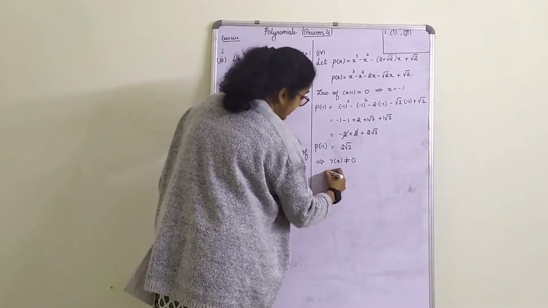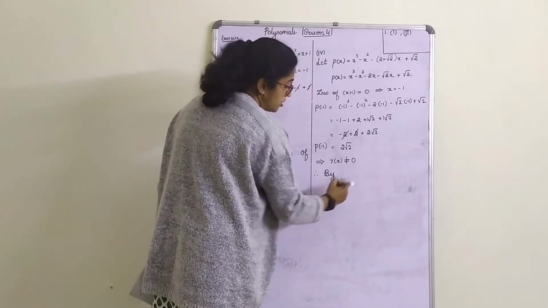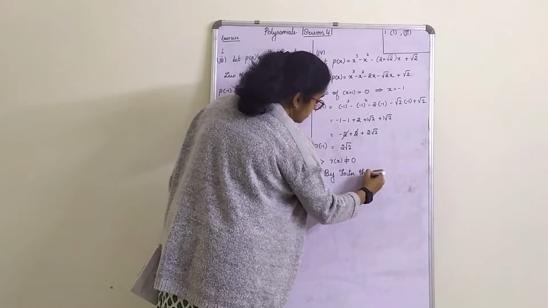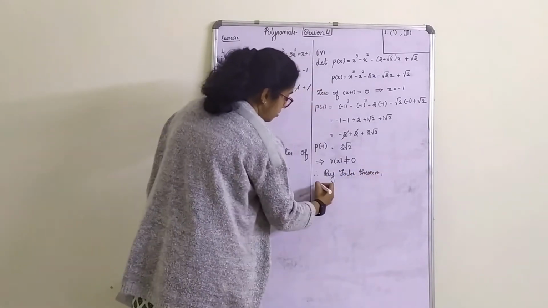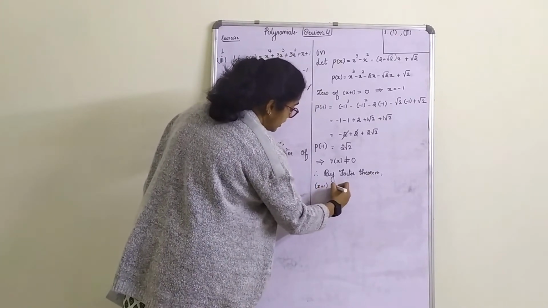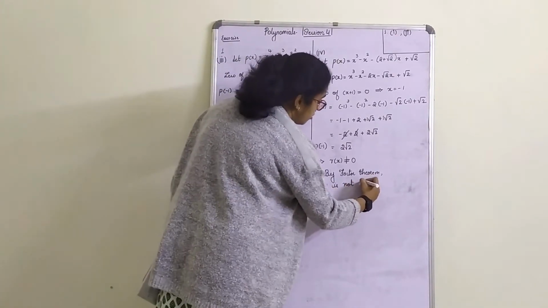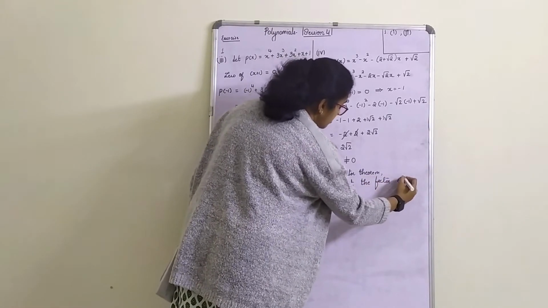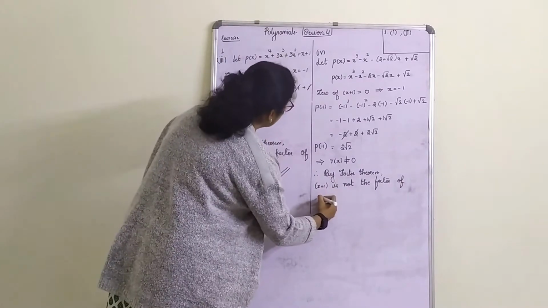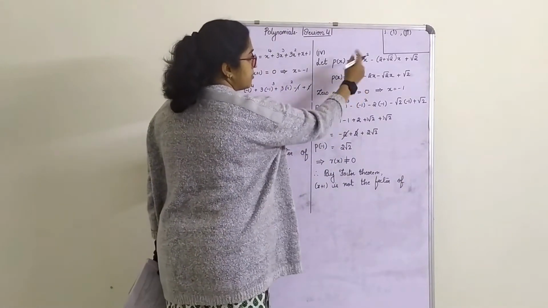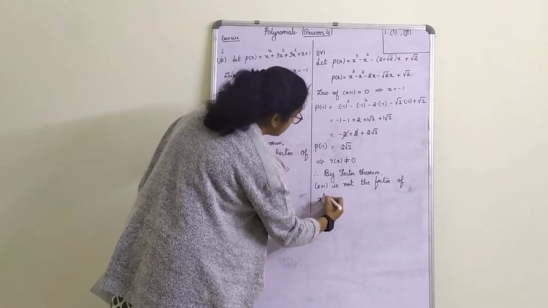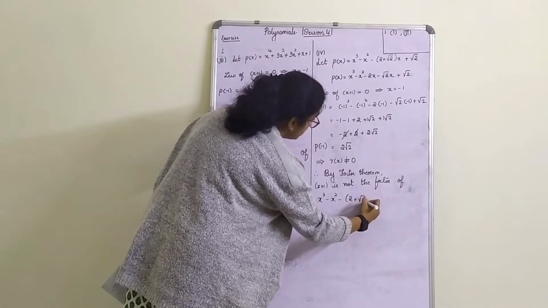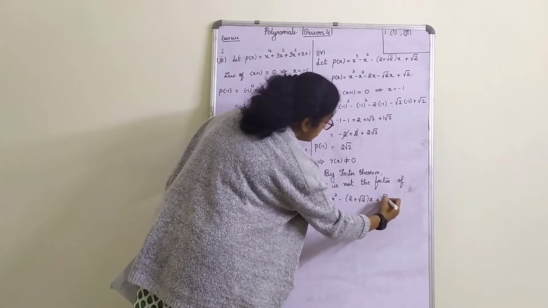Therefore, always conclusion is a must, by factor theorem, x plus 1 is not the factor of, write the whole equation, either this equation or this equation, up to you. x cube minus x square minus 2 plus root 2x plus root 2.